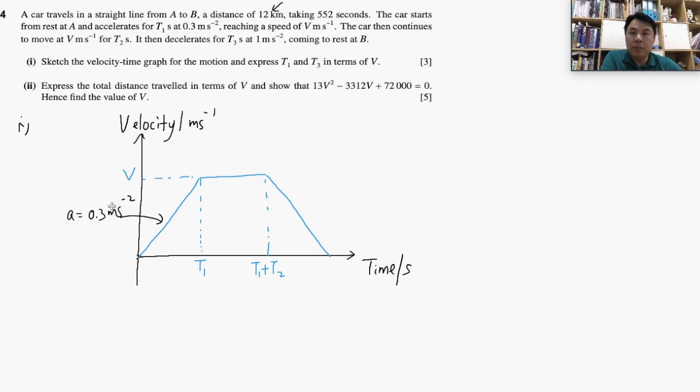So it decelerates for t3 seconds at 1 meter per second squared until it finally comes to rest. In this case it should be t1 plus t2 plus t3. This is the final location, when it comes to rest after traveling for another t3 seconds. If you want to look at this information from a different perspective, you might just label this as t3.